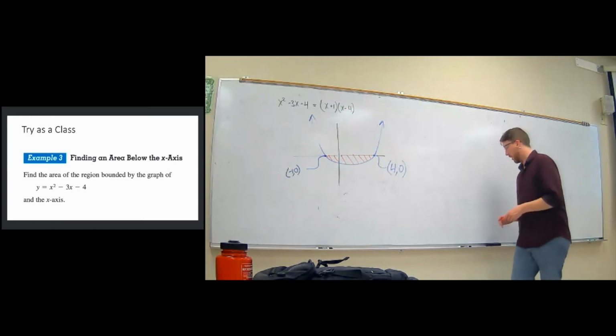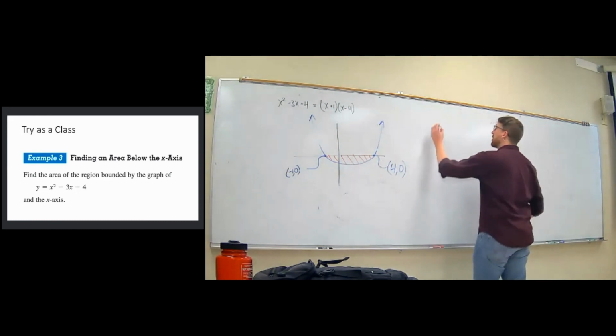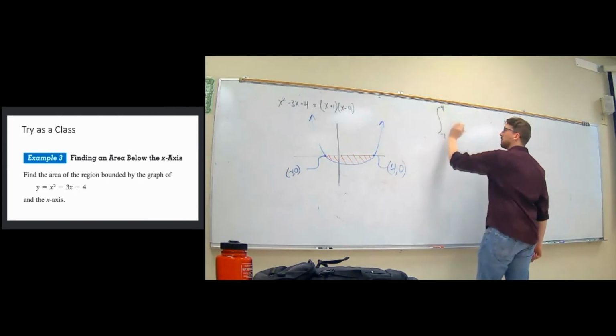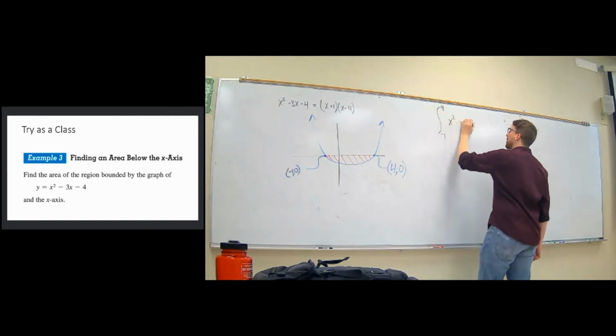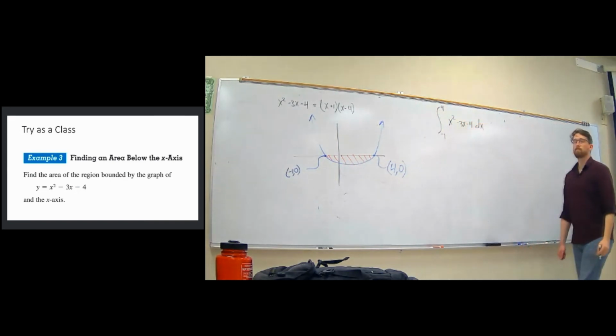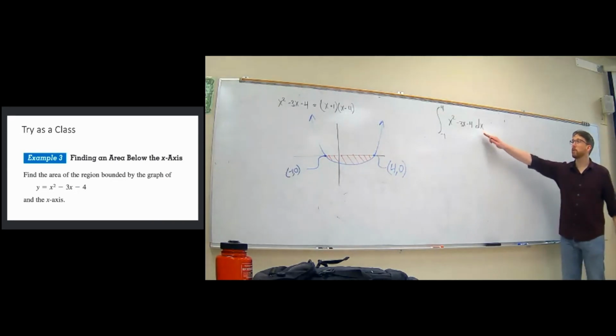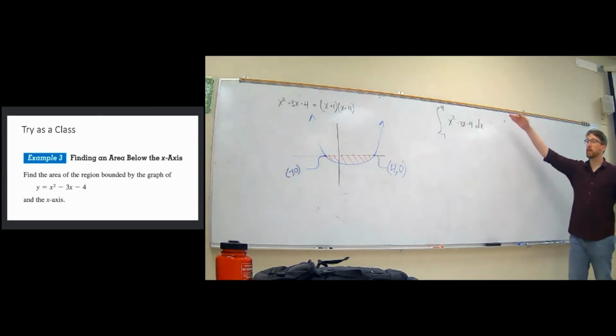So all we're going to do here, we're going to integrate from -1 to 4 the function x squared minus 3x minus 4 with respect to x. Because all that integral is going to do is tell you the area between our function and the x-axis, right?